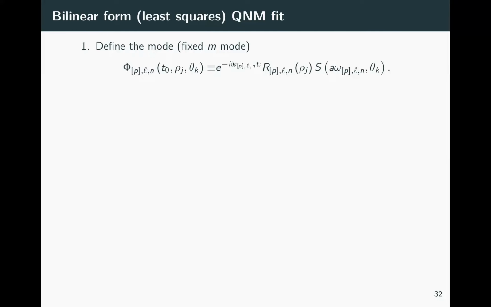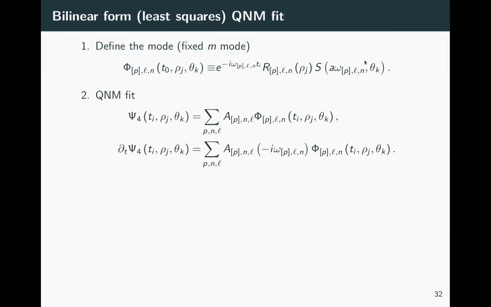We have our mode frequency here, our radial piece, and our angular piece. And here I have these I, J, K, because now just imagine we've discretized the space-time, schematically. I, J, K are integers, and we've discretized time, radius, and angular directions. S is a particular solution to the angular equation, this spheroidal harmonic.